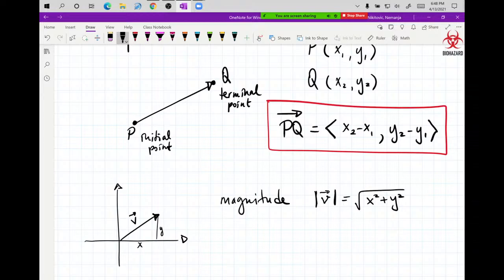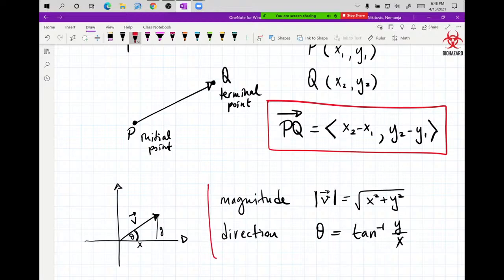And that one is determined by, so direction is going to be theta, and it's going to be inverse tangent of y over x, because your direction is the angle theta. So your tangent theta is equal to y over x. Therefore, theta is inverse tangent of y over x.